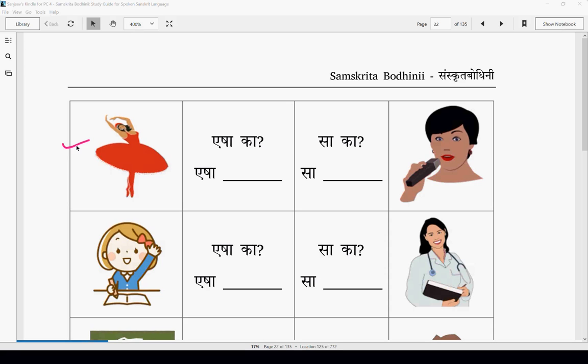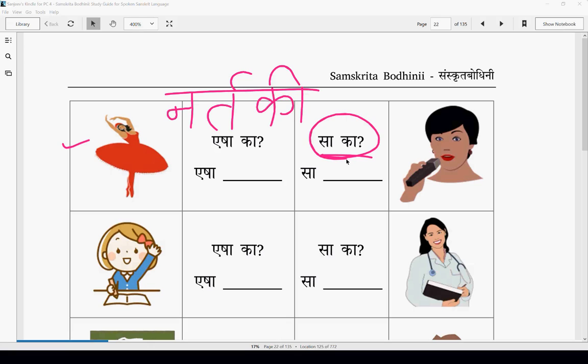Eshaka. I don't have the book near me, so I don't know the word for her. Aisha, and I don't know the vocabulary. Nartaki.